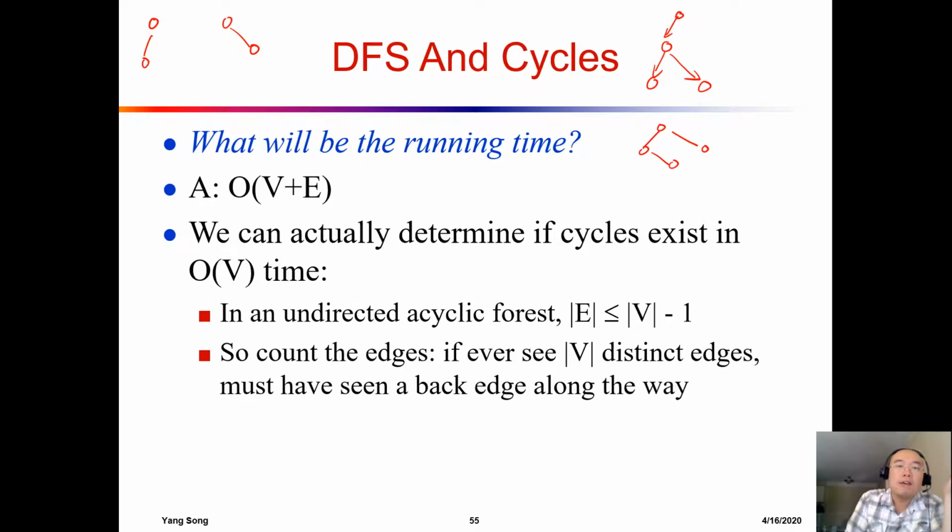So even though we are modifying the DFS, if we are visiting more than V edges, it will guarantee that there is a cycle.